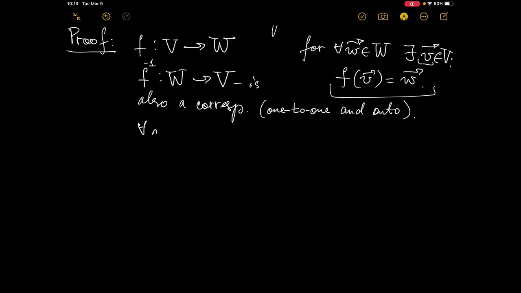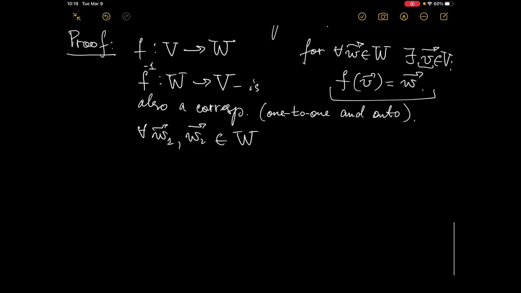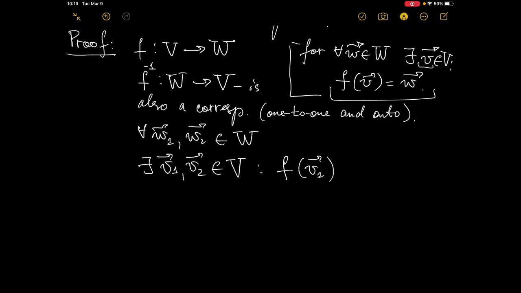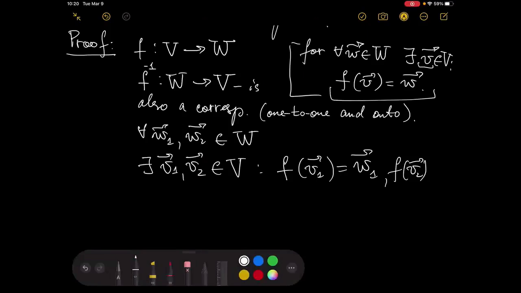Let us consider any W1, W2 belonging to the vector space W. Because F is one-to-one and onto, there exist V1, V2 belonging to V such that F of V1 is equal to W1 and F of V2 is equal to W2.